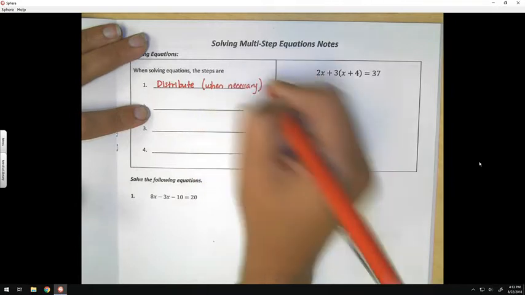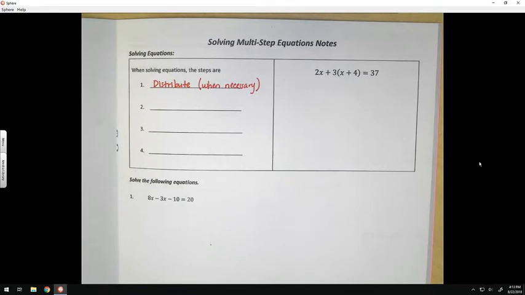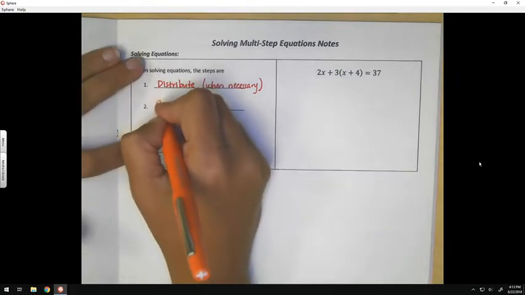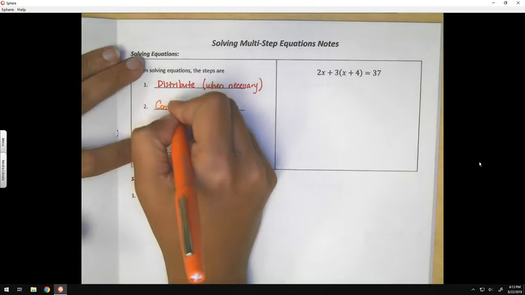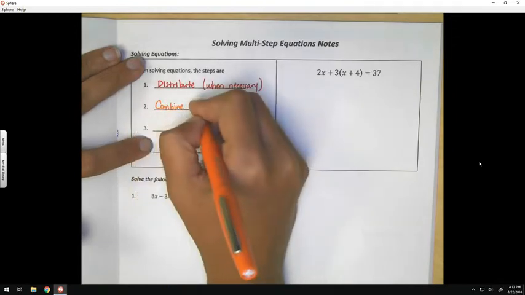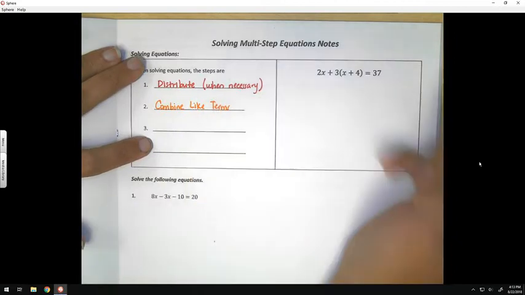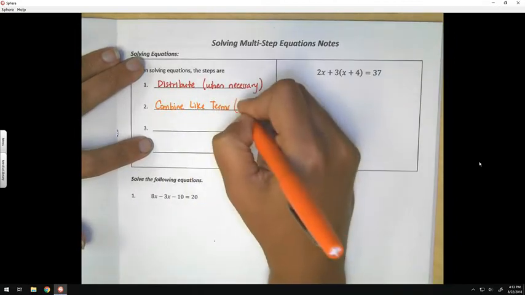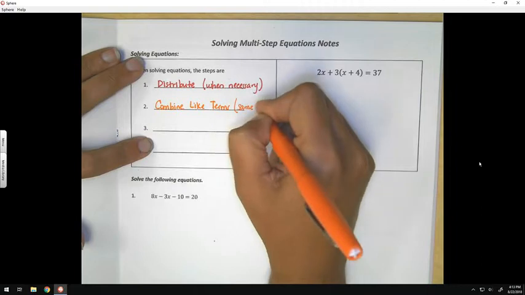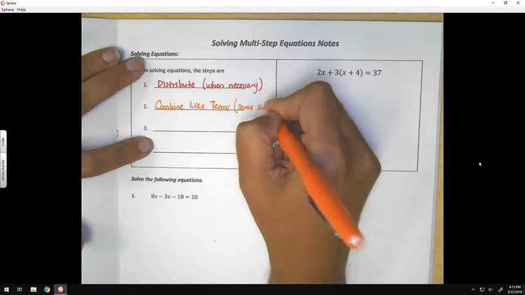In other words, we distribute if we need to, but sometimes we're not going to need to distribute. The second thing that we usually do is combine like terms if those terms are on the same side of the equal sign.